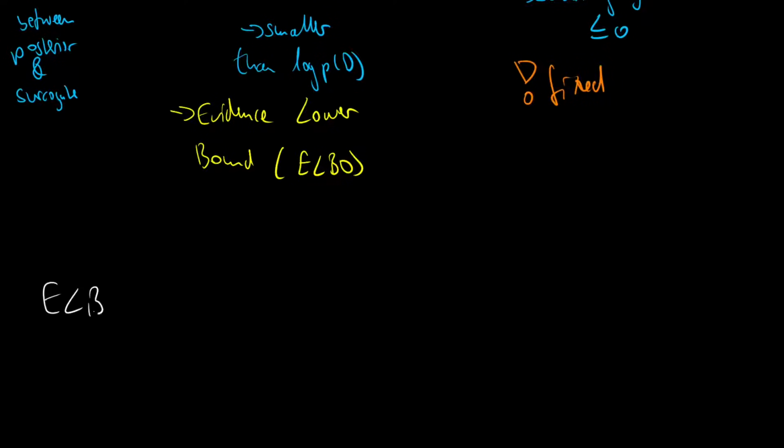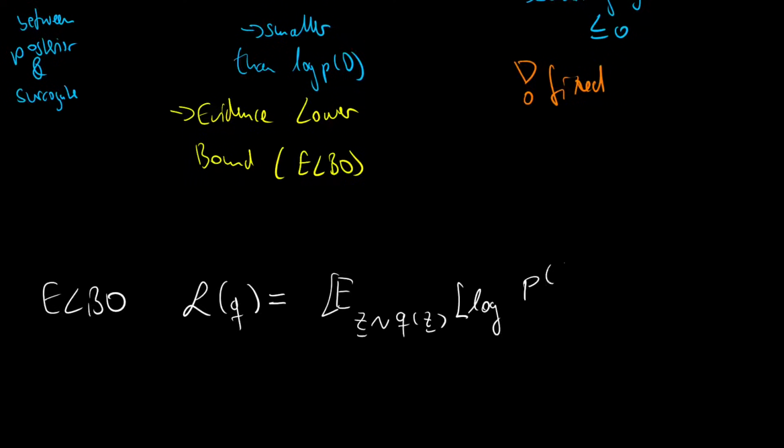The ELBO over Q is defined as the expectation over the vector theta according to Q of theta, of the logarithm of the joint P of theta and D over Q of theta, which was our surrogate. That's a really important finding.